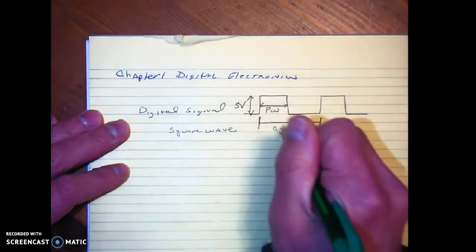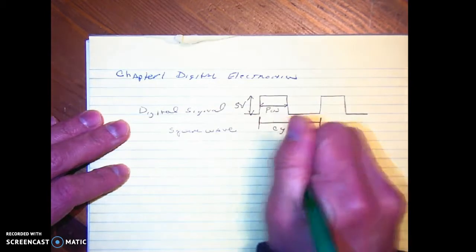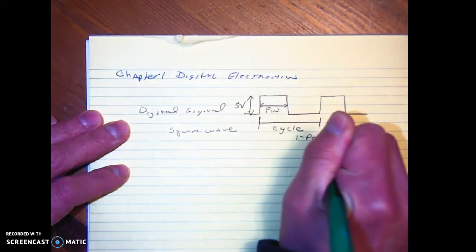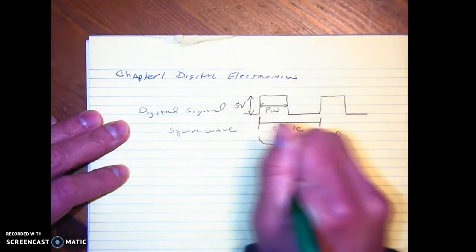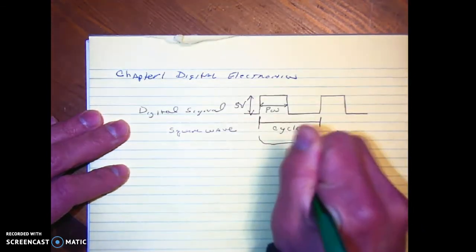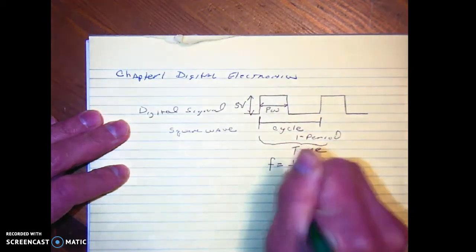Right? And if we look at the cycle itself, this is one period. If we know this time, we call that time, and we can say that frequency is equal to 1 over time.